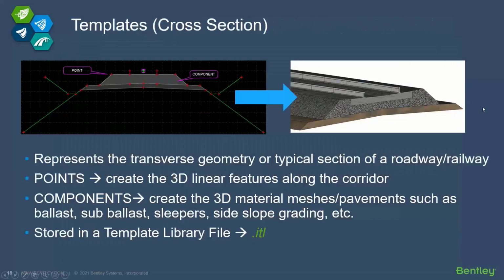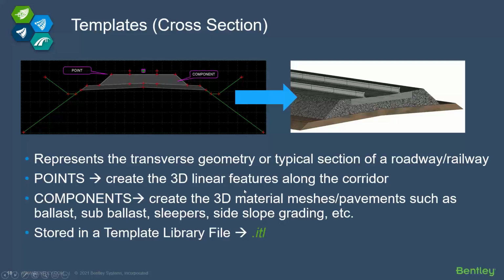So moving on, you have terrain, you have alignment. So we now go to templates or your cross sections. As I mentioned earlier, the terminology of templates in any Bentley softwares, specifically civil softwares, refers to the cross section.